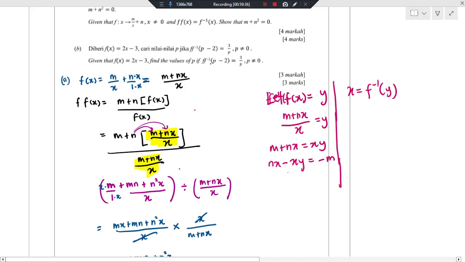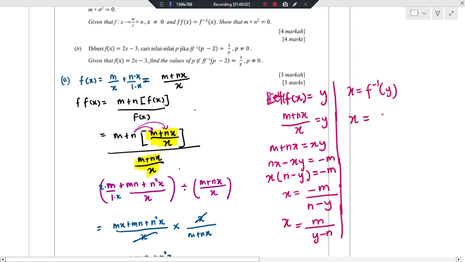Kalau ada negatif, kita transfer kan? Dia akan jadi Y minus N. So, your X is equals to your F inverse Y is equals to M over Y minus N. And F inverse X adalah M over X minus N and your x cannot be equals to n lah.